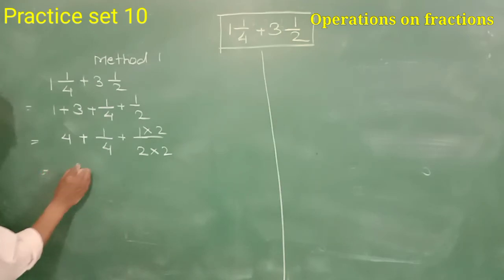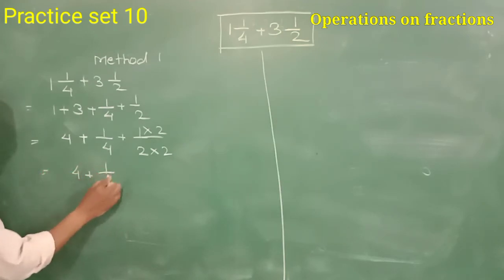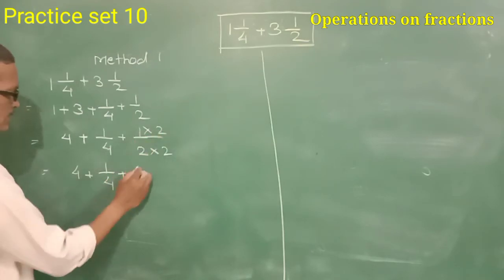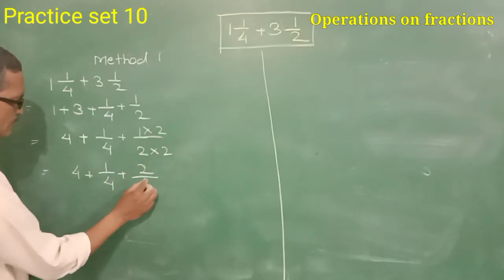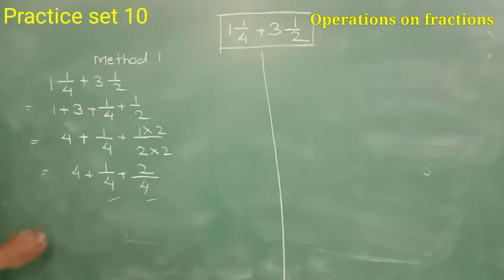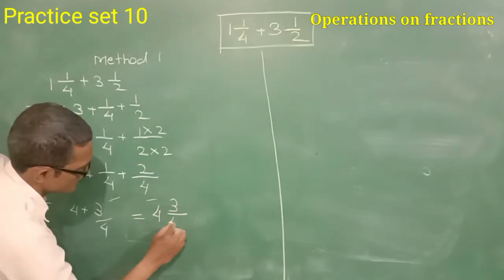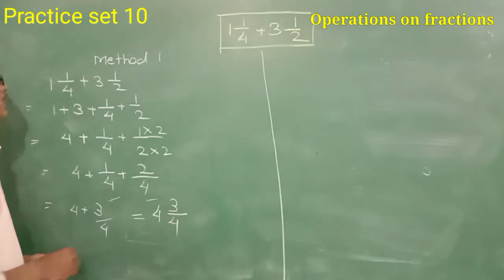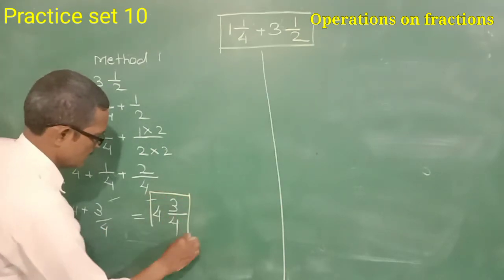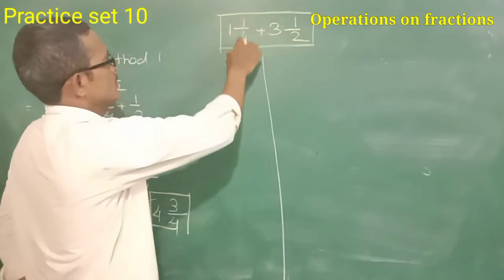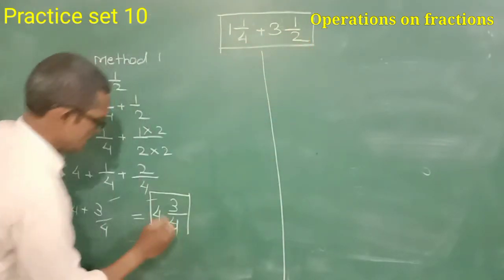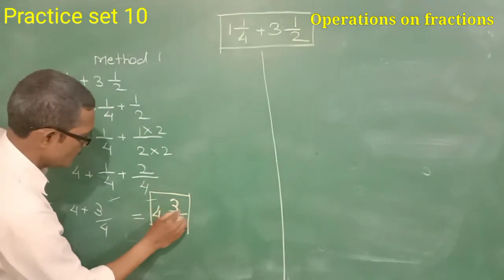So we get 4 plus 1 upon 4 plus 2 ones are 2 upon 4. Now these both are like fractions, so we get 4 plus 2 and 1 is 3, 3 upon 4, which is equal to 4 integer 3 upon 4. So by adding 1 integer 1 upon 4 plus 3 1 upon 2, we get 4 3 upon 4.